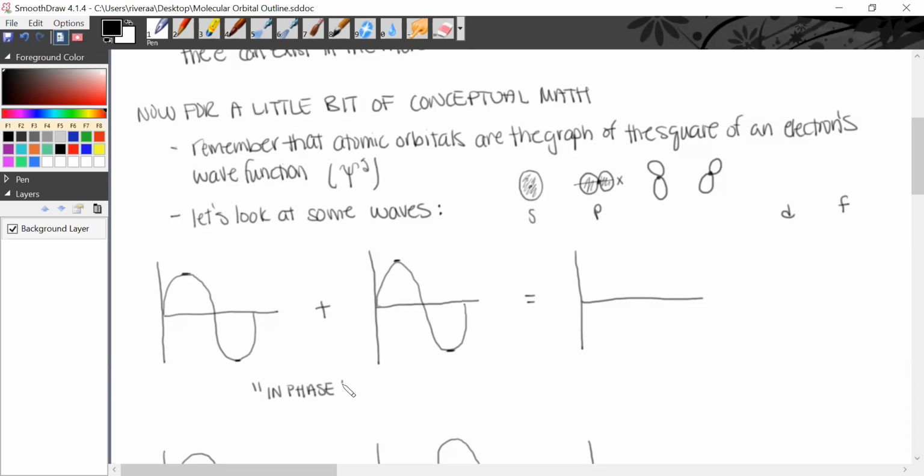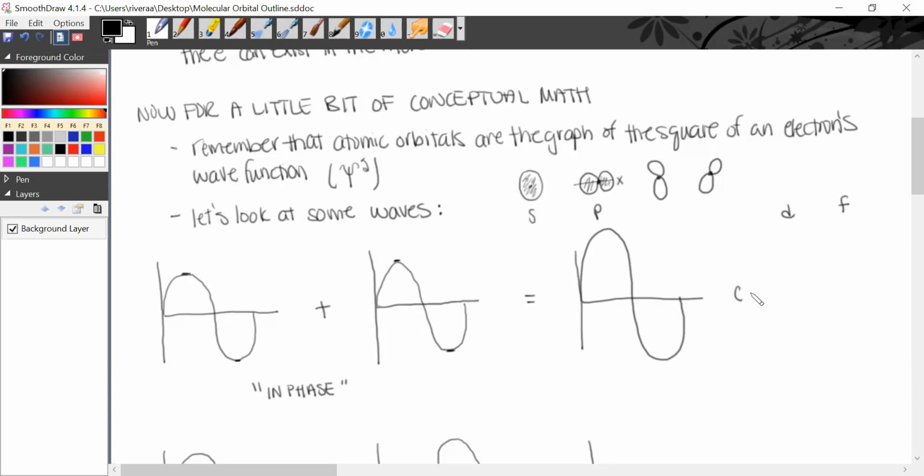These waves are in phase with each other. The math behind this, and you guys will learn this when you take all sorts of crazy calculus in college, when you do the math to combine these two waves, you end up with one bigger wave.